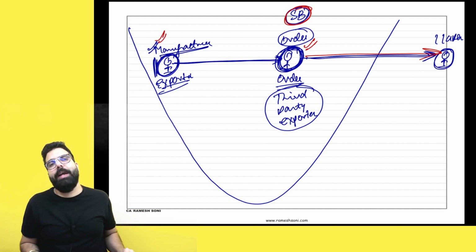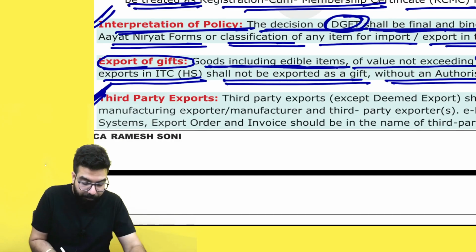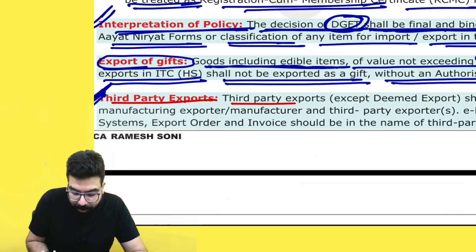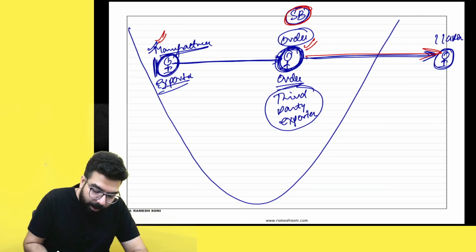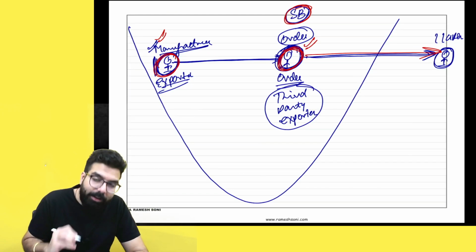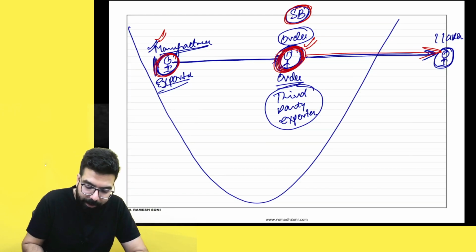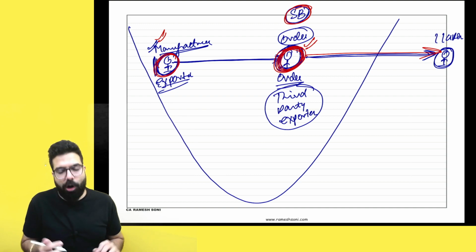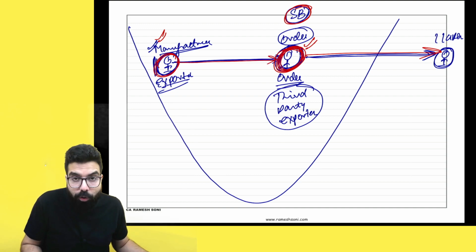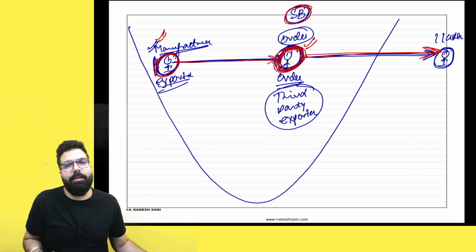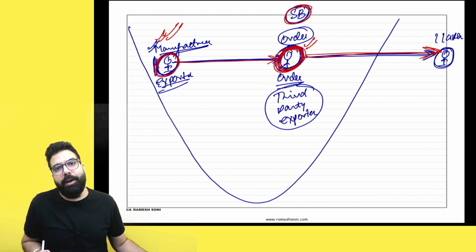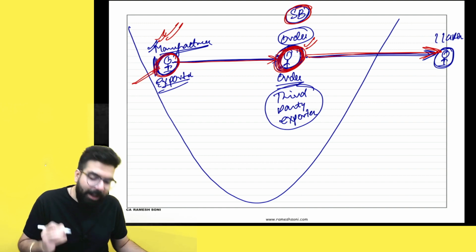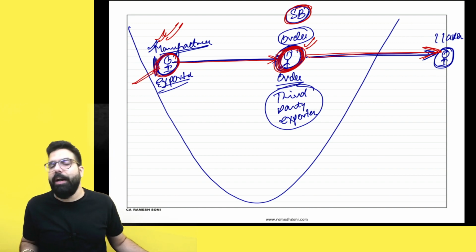Everyone listen to me very carefully. Third party export shall be allowed under FTP, that you can export to a third party also. Maybe this person has got a big order. Now you want to supply to him and he will ultimately supply to the customer. This kind of export is also allowed under the foreign trade policy and you will be eligible to take the benefits under the foreign trade policy.